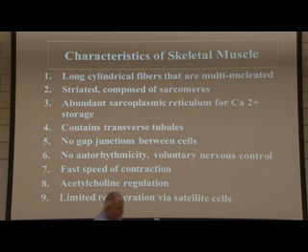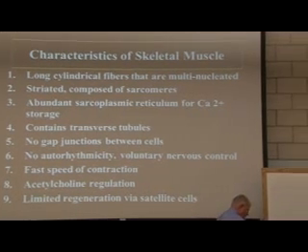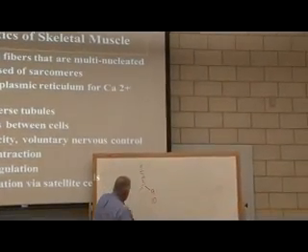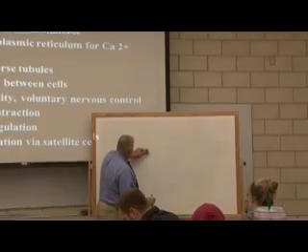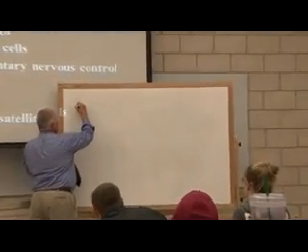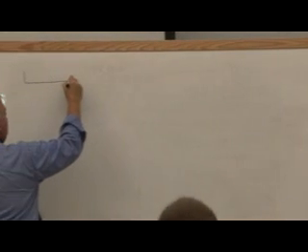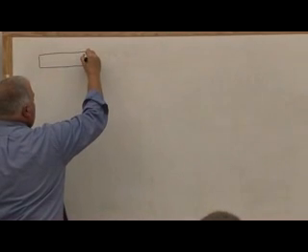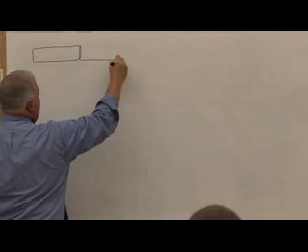And then what we were just getting to at the end of class was the fact that we have these junctions that allow cells to actually communicate with one another, if the cells are held tightly together.